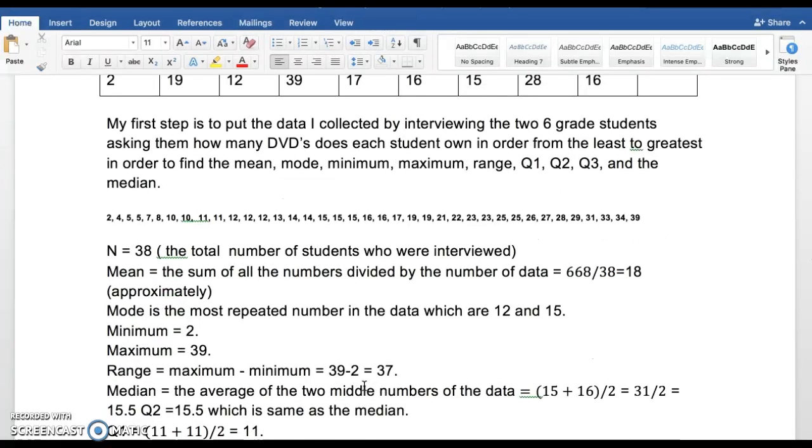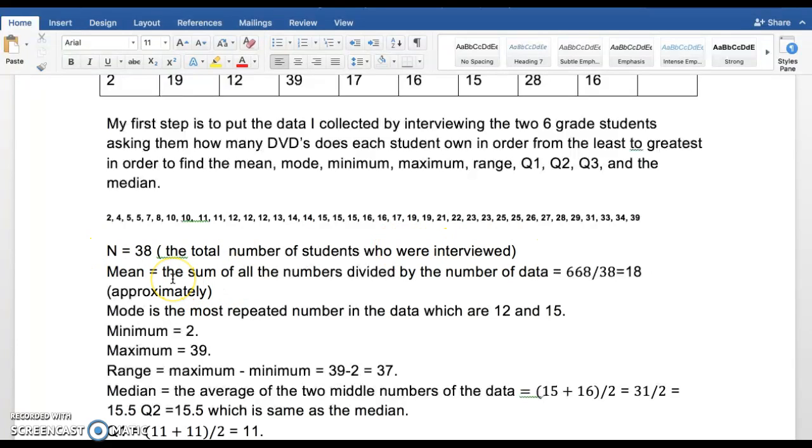So here's the data, which, if you look here, I put in order from the least to the greatest. The least number of DVDs a student has is 2. The maximum number is 39. And the total number of students who were interviewed was 38.